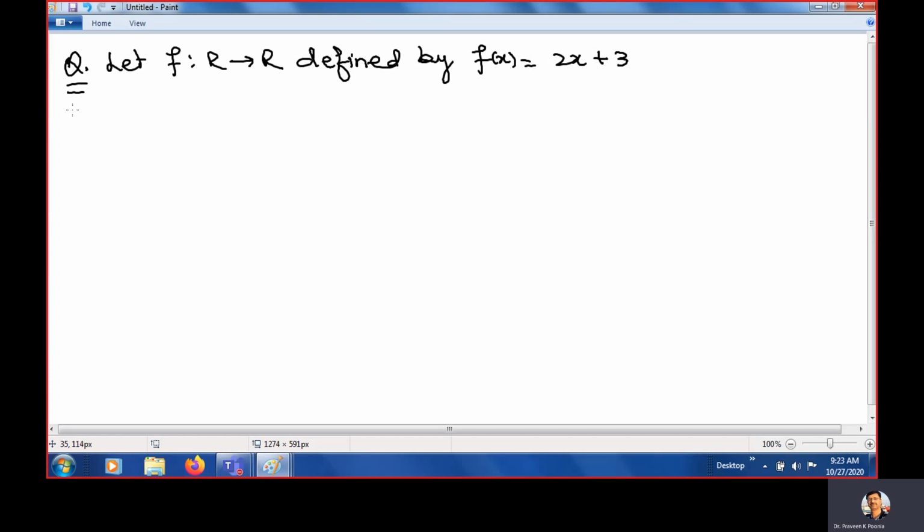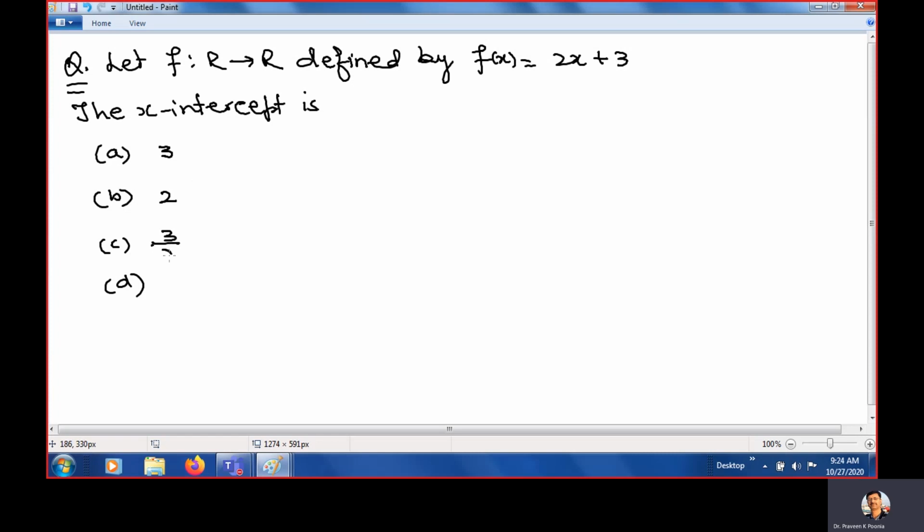The question may be, the x-intercept is, a 1 mark question like this, with options A, B, C, D: 3, 2, 3 by 2, minus 3 by 2.